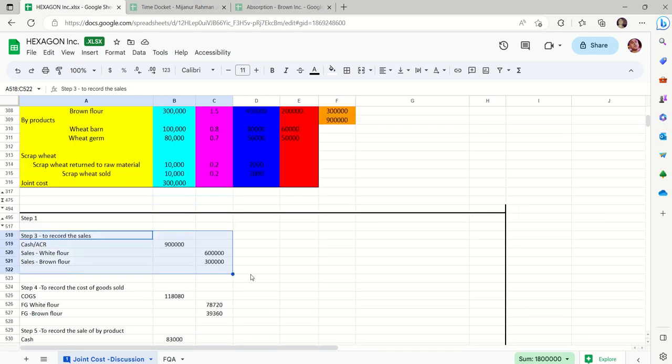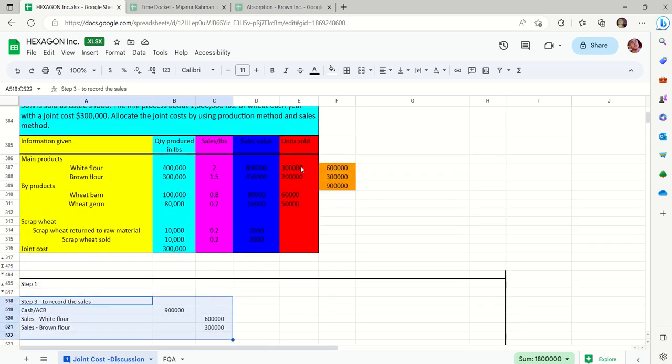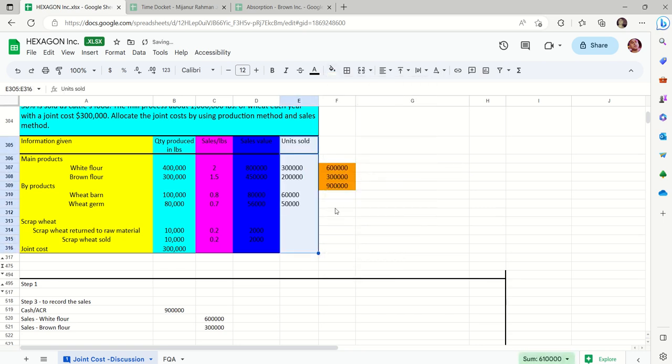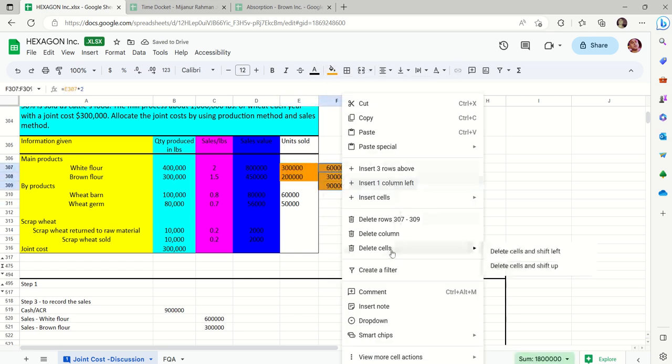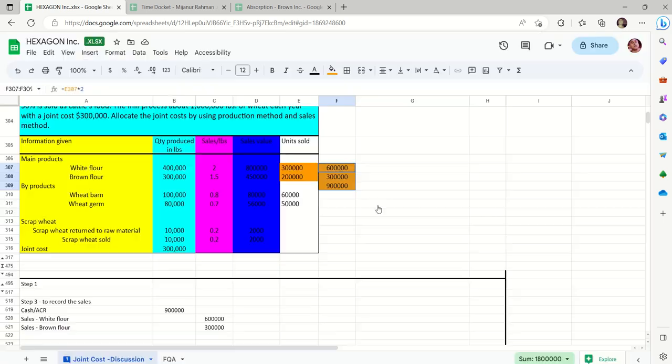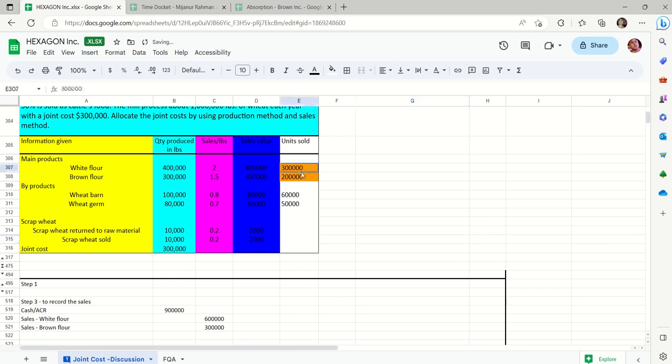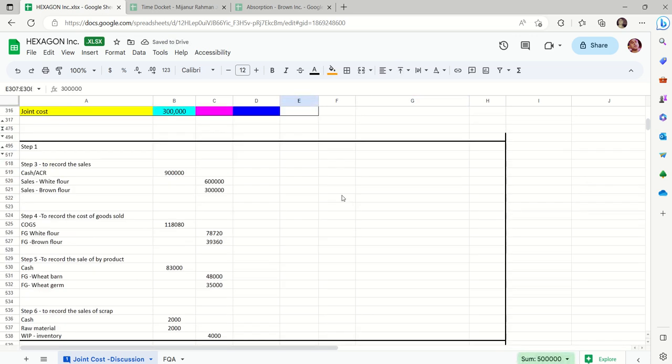So now, once we record the sales of these units, I'm going to change that to a neutral color. We're working with these cells over there in orange, and we no longer need this. We're only working with these orange cells right there.